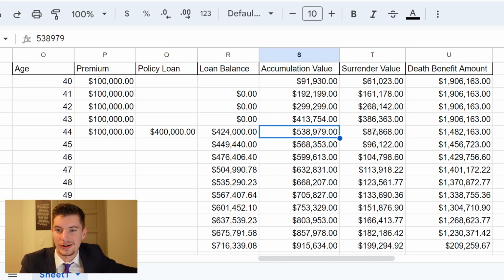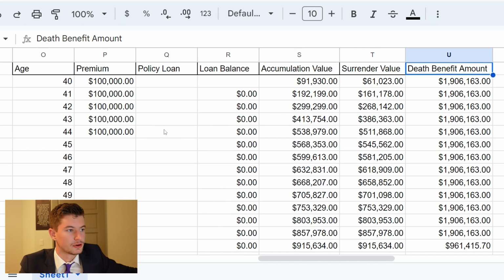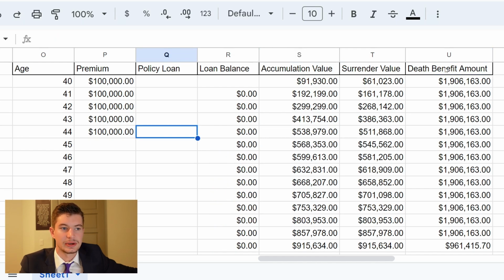But you can see our surrender value is much lower because we don't have access to all this money because we already pulled out $400,000. So the surrender value, that's what we have access to. Accumulation, that's what is actually working for us. And then if we remove the policy loan, lastly, we have the death benefit amount. Pretty self-explanatory. If we pass away, this is what would pass on to our heirs, of course, tax-free.